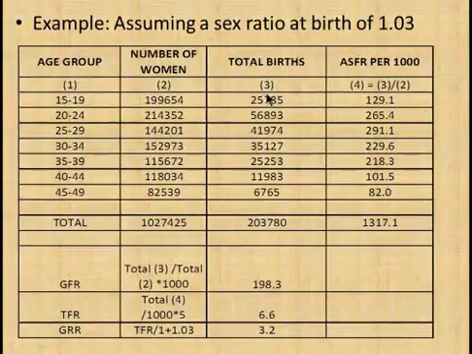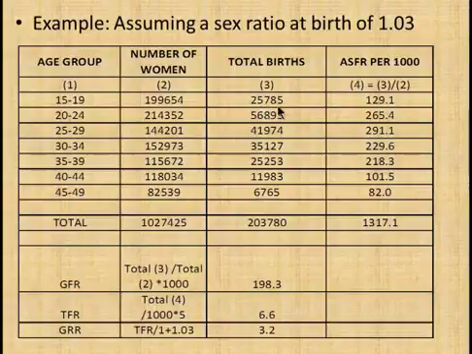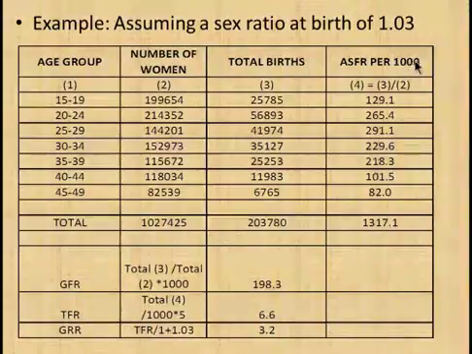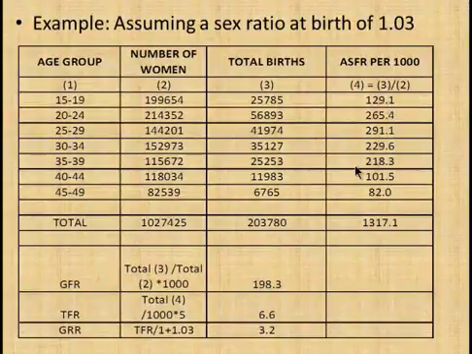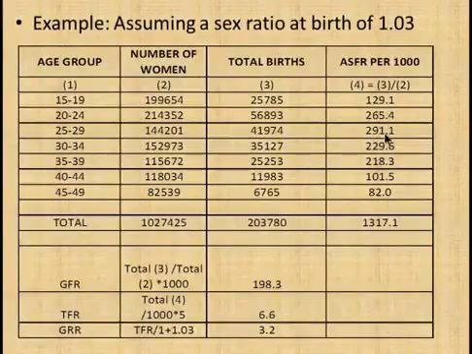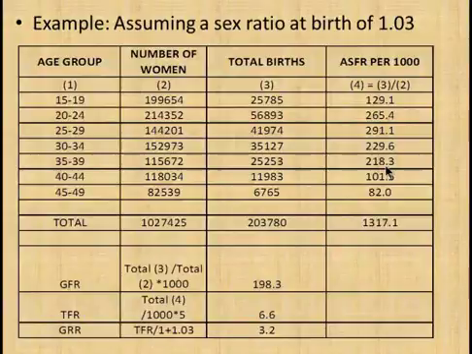So you simply divide 25,785 by 1996.54, and remember, because it's per 1000 here, don't forget to include 1000. So using your calculators, you should be able to find these results. These are age-specific fertility rates.